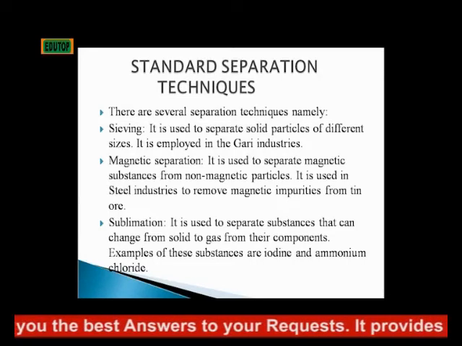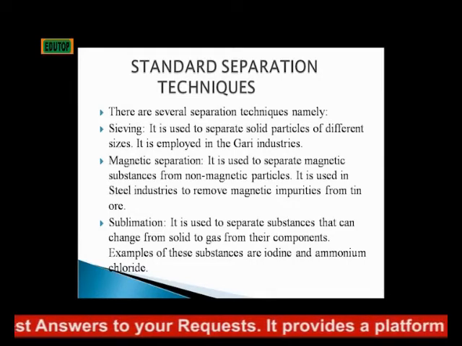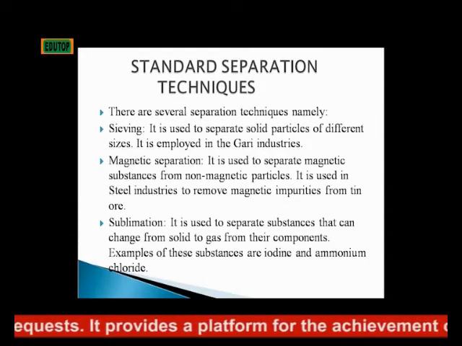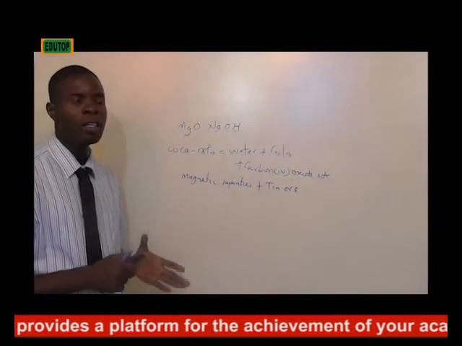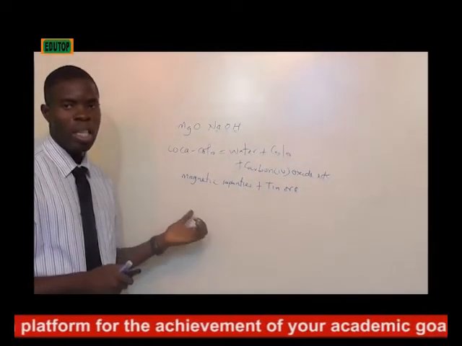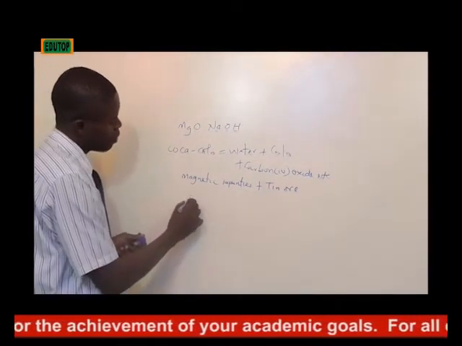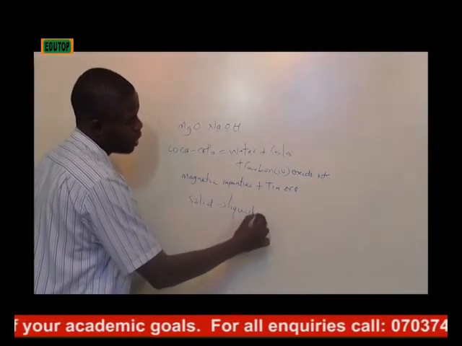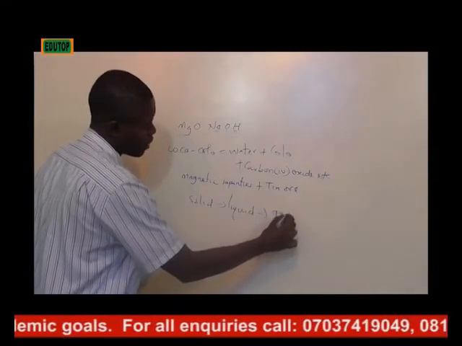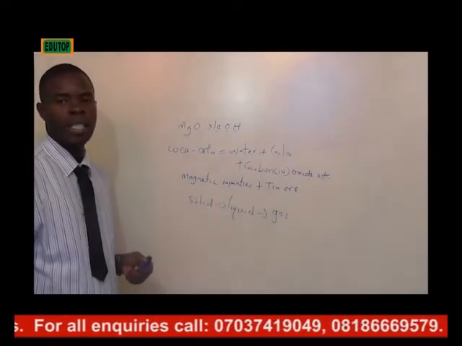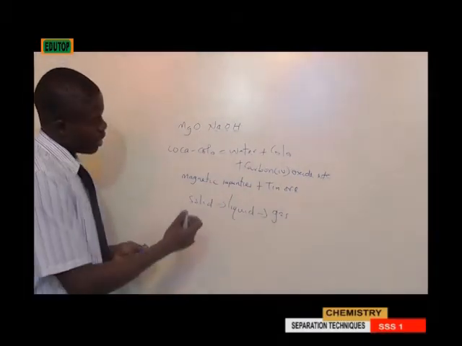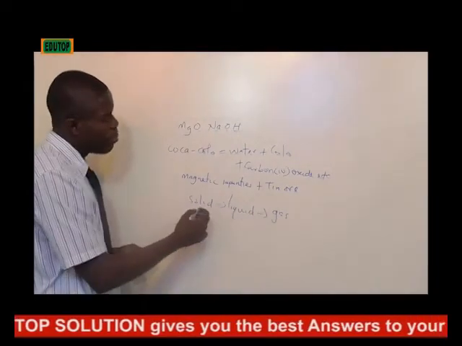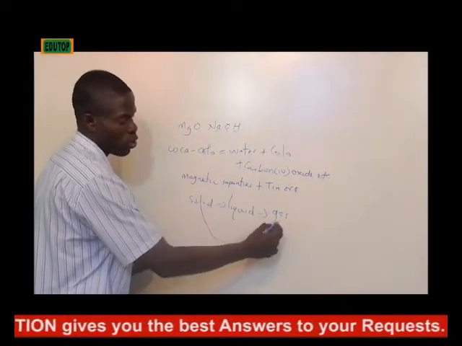The next one is sublimation. Sublimation is another important separation technique. In the real situation, solid should move to liquid, then to gas. There are some substances that instead of moving from the solid state to liquid state to gaseous state, they move directly from solid to gaseous.